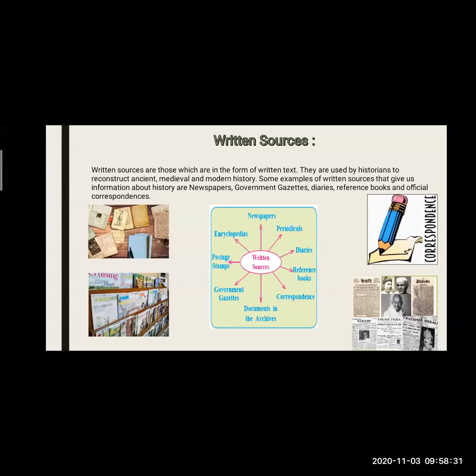Then government gazettes. A government gazette is a kind of periodical publication that has been authorized to publish public or legal notices. It is a legal document of the Government of India. Then postage stamps. Then encyclopedia. An encyclopedia is a book or a set of books that gives information about many subjects arranged in alphabetical order. So these are all the written sources of history.